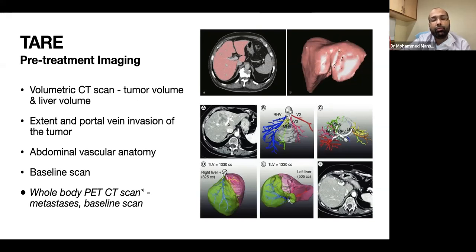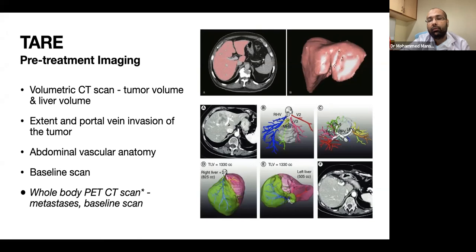And many centers use whole body PET scan at this stage, which serves as a baseline and also to assess the disease burden to detect metastasis, but it's not a mandatory scan.